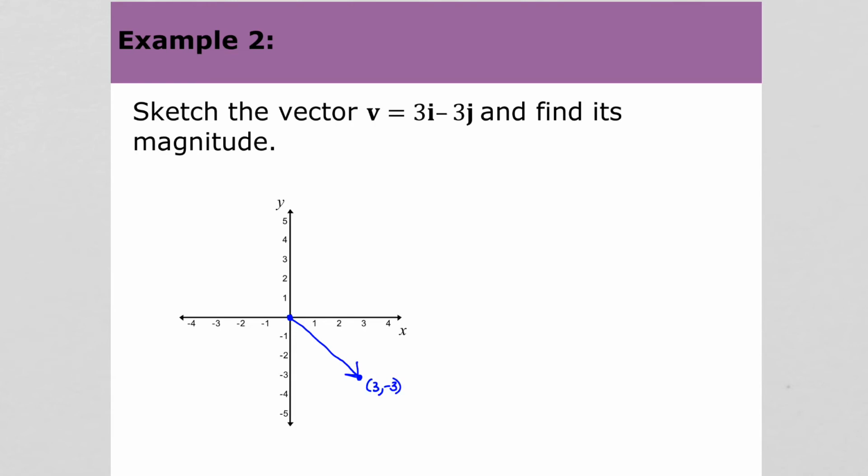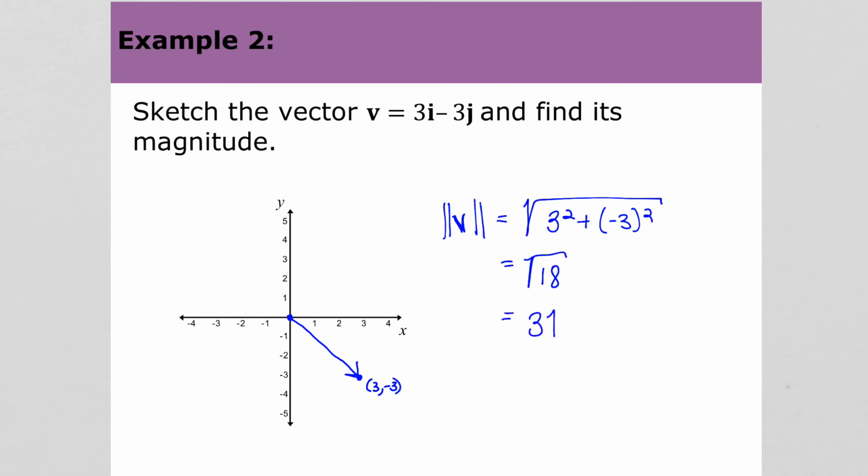Then it asks us to find the magnitude of V. So we're just doing the square root of 3 squared plus negative 3 squared, which is the square root of 18. Simplifying the square root of 18, you get 3 square root of 2. So the magnitude of this vector, or its length, is 3 square root of 2.